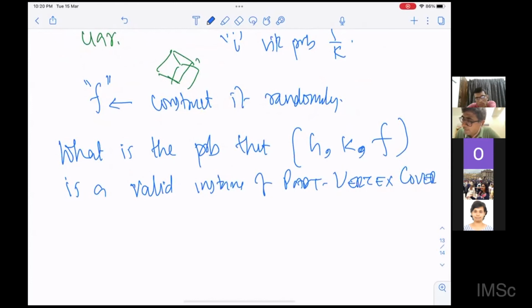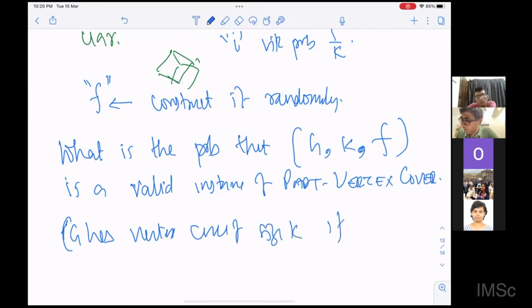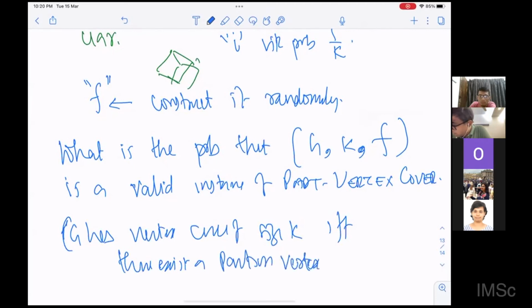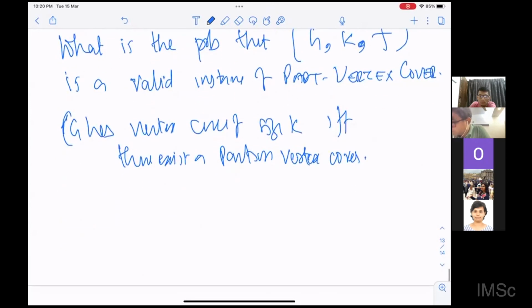What I mean by valid instance is that I want to show that G has a vertex cover of size at most k if and only if there exists a partitioned vertex cover. Okay, let me not say PVC, it is the wrong word. You will get confused. So partition vertex cover. What is the probability of this?